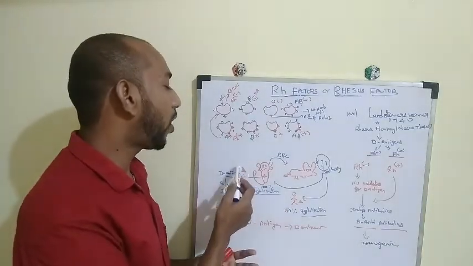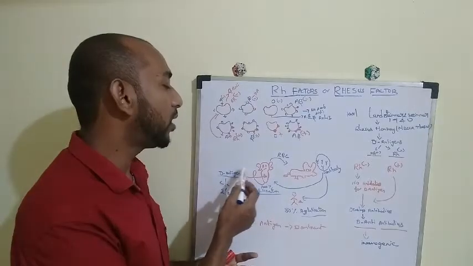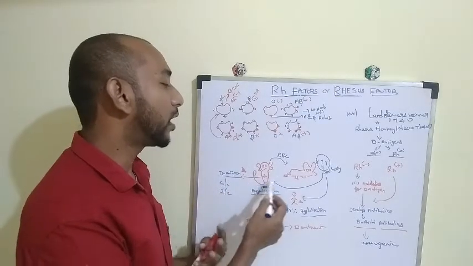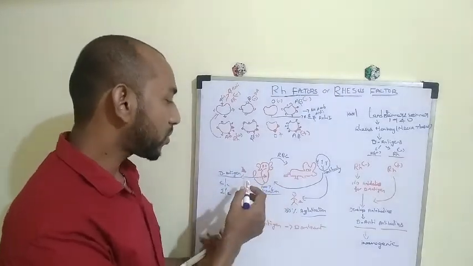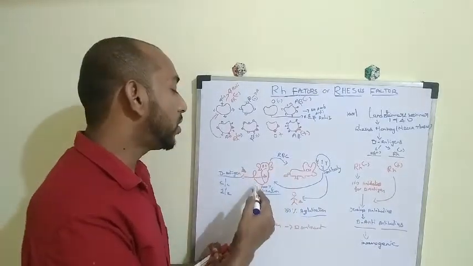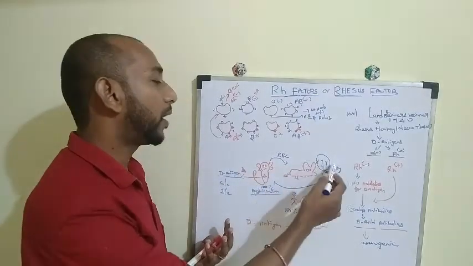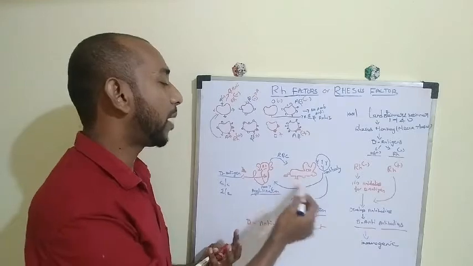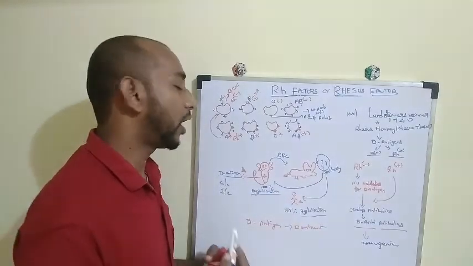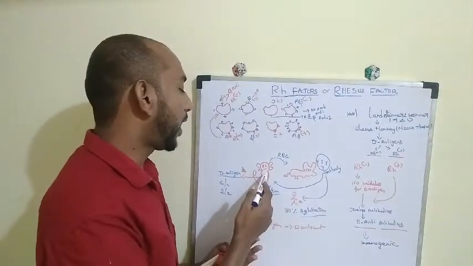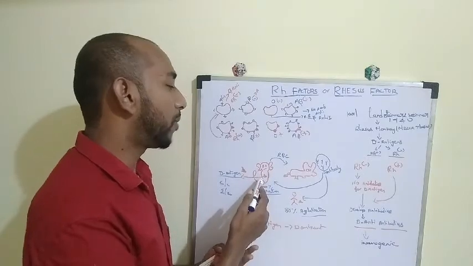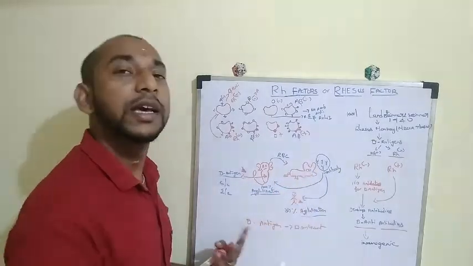So they found out there is an antigen which is being destroyed by the antibodies created by the rabbit system. In simple terms, the antigen present on the red blood cells of the monkey is not the same as in the rabbit.